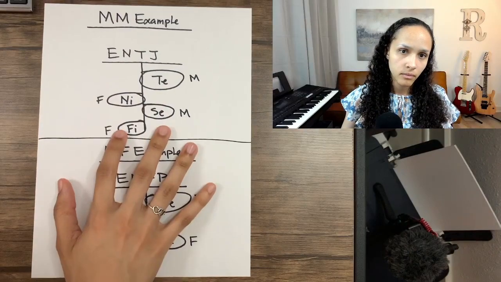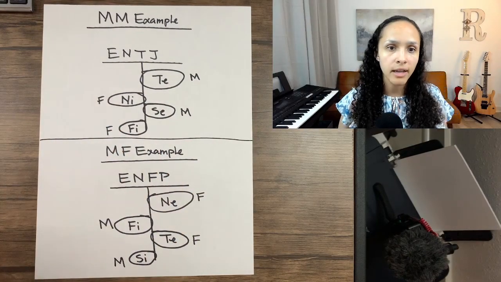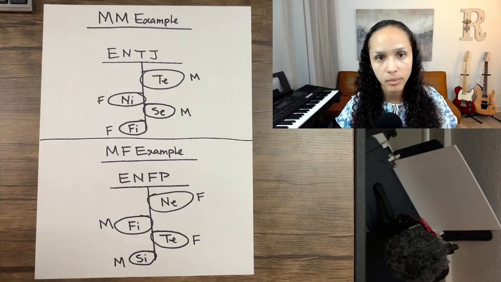So I'm going to run through some examples just so you can see this applied over different types and different orders, and to see these variations in how they show up. So this particular one, we've got a double masculine and then a masculine feminine example.